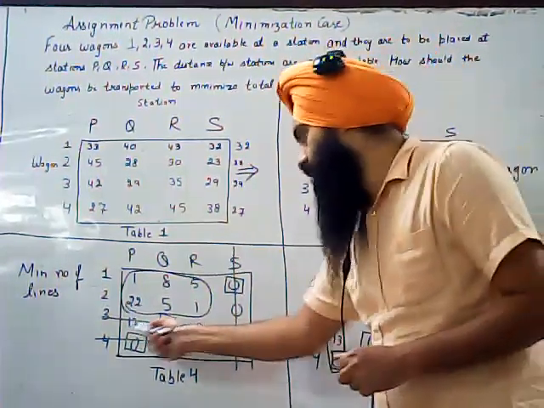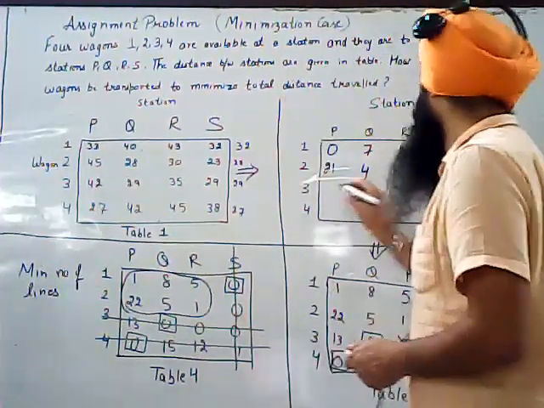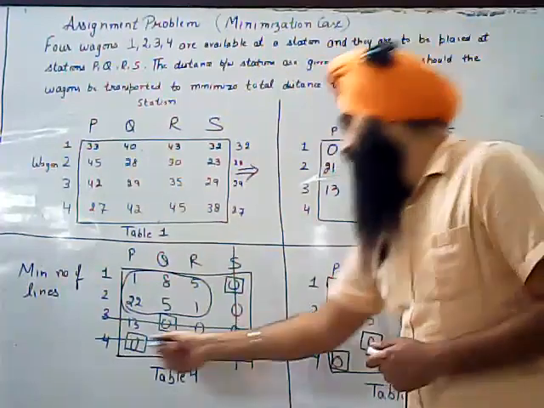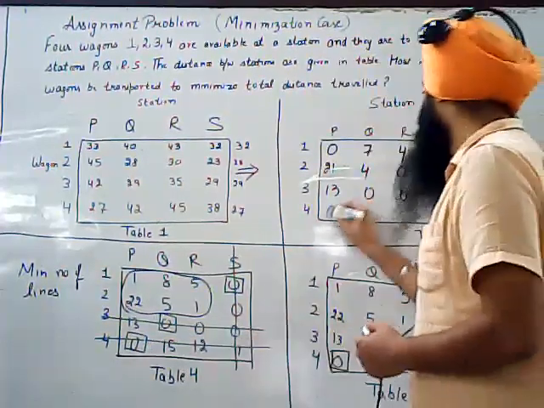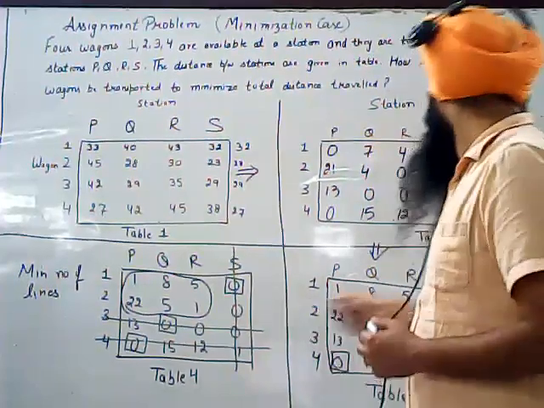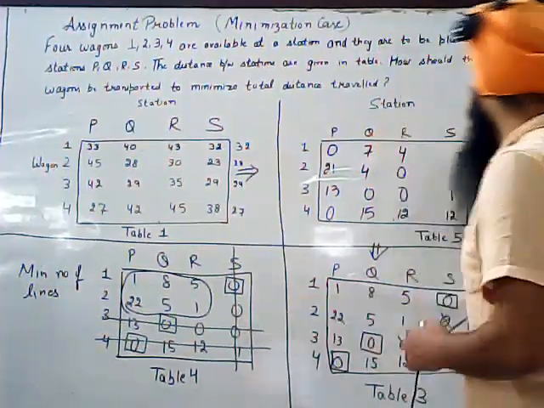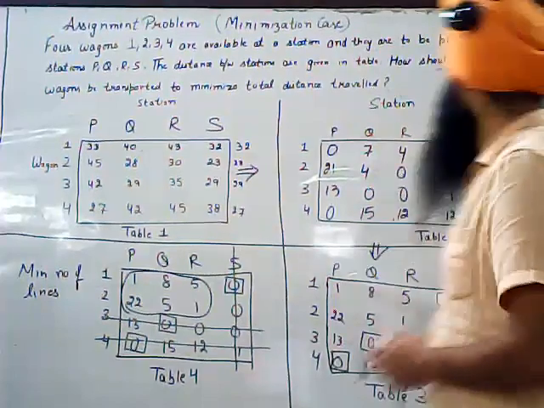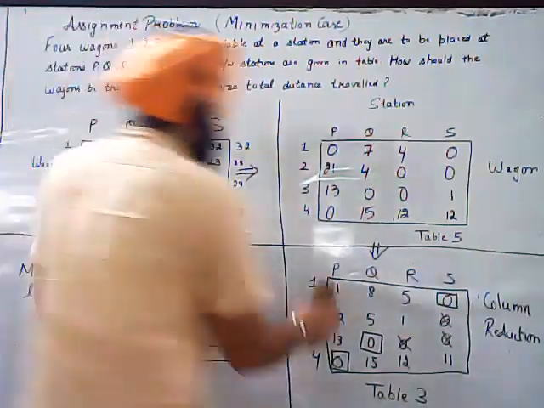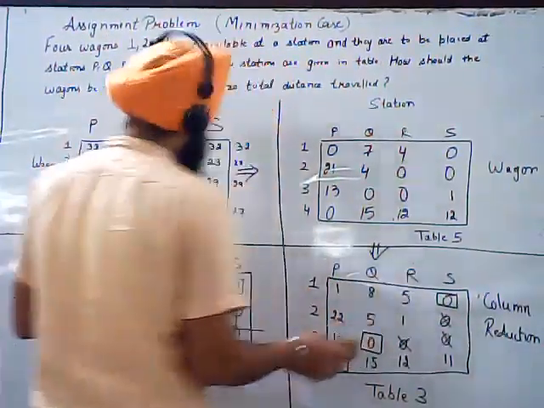So this will be 13, 0 and 0, 0, 15, 12, and 0 and 0. So this is our table number 5. Now we have to make the assignments again.